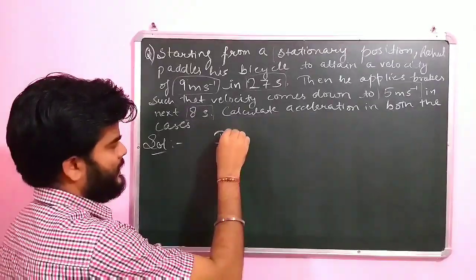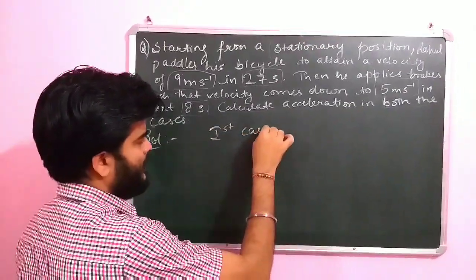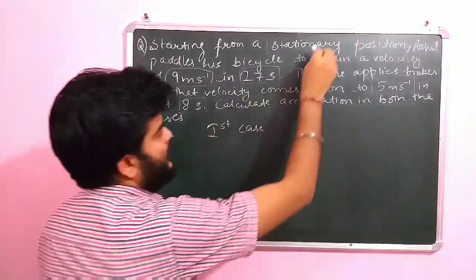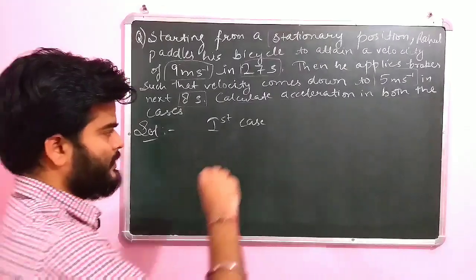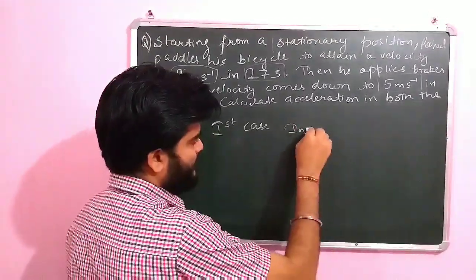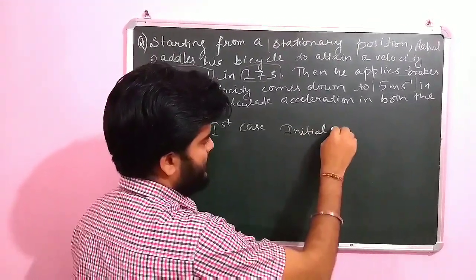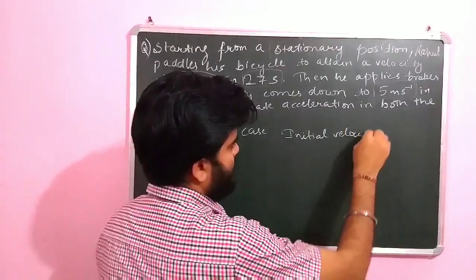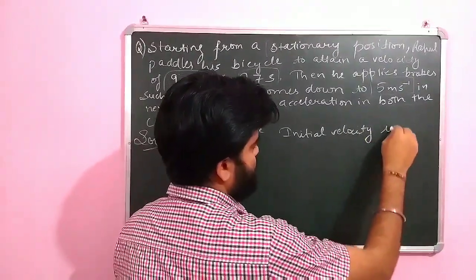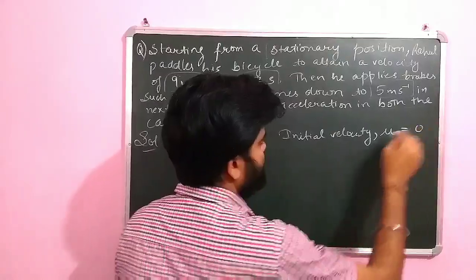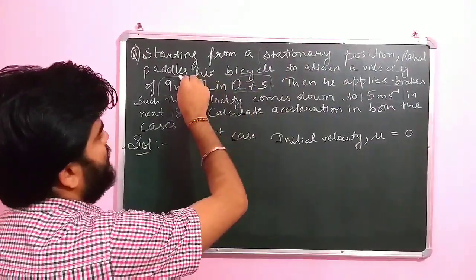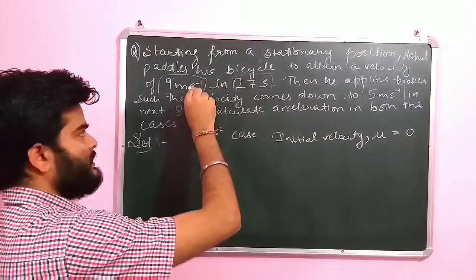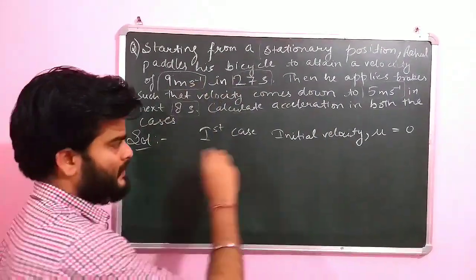In the first case, initially he was in a stationary position. It means initial velocity, that is u, will be 0, and he pedals the bicycle, attains a velocity of 9 meter per second.